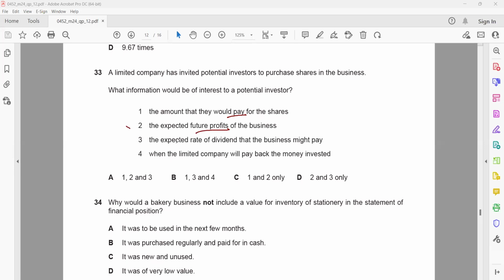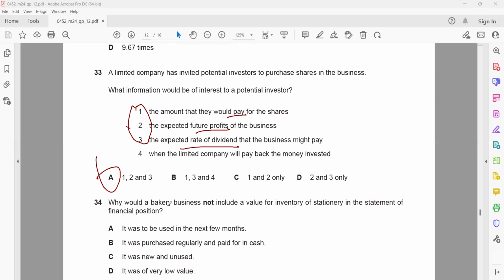Next is the expected rate of dividend that the business might pay. Yes, this is also important to them. When the limited company will pay back the money invested. So these are possible but not so important. The most important are these three. They can get as much as possible. So the answer should be A.